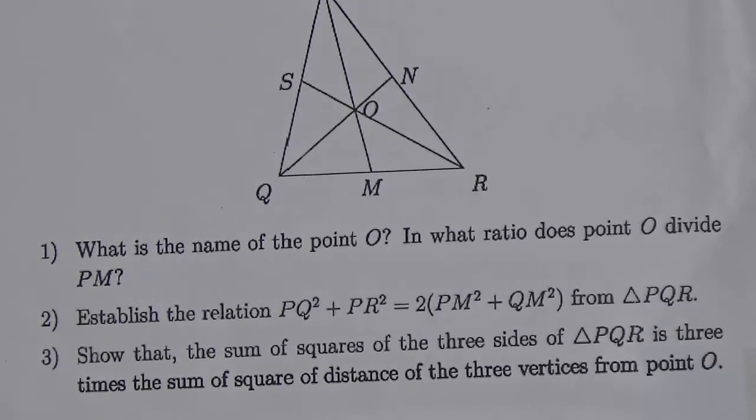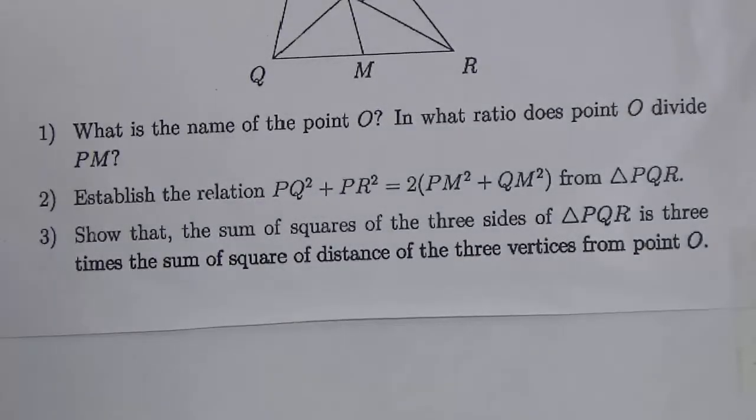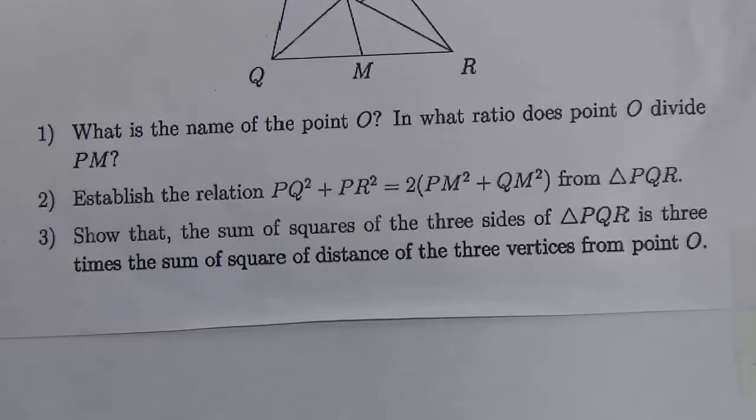To solve this 3, I am erasing this one. So students, look, it is also a simple solution. Don't be worried. First of all, we need to draw the figure and we need to write the information.